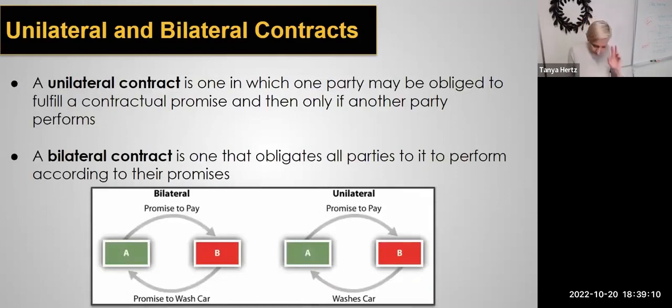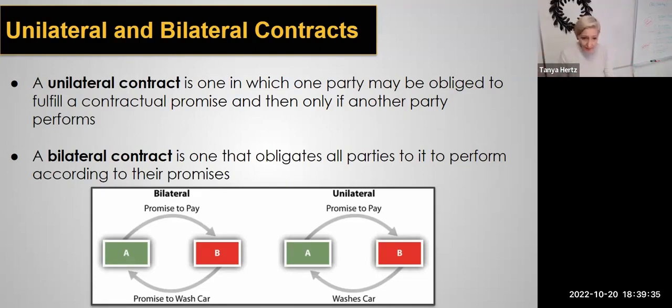And another term that's related to this that people should understand is unilateral versus bilateral. So a unilateral contract is a contract in which one of the parties may be obligated to fulfill a contractual promise then and only if another party also performs. Now, a bilateral contract is one that obligates everyone to perform according to their promises.